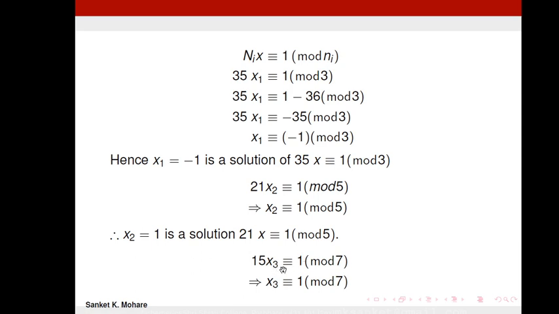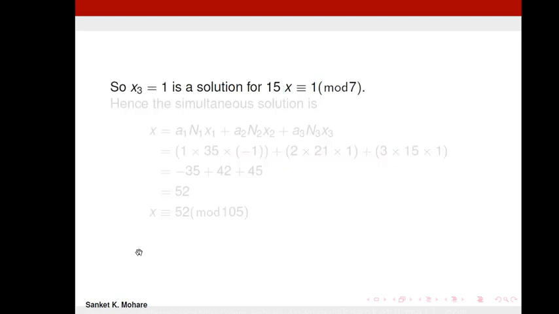So 15 x3 is congruent to 15 modulo 7, which implies x3 is congruent to 1 modulo 7. Therefore x3 equals 1 is the solution to the congruence 15x congruent to 1 modulo 7. So here we obtained the solutions x1 equals -1, x2 equals 1 and x3 equals 1.